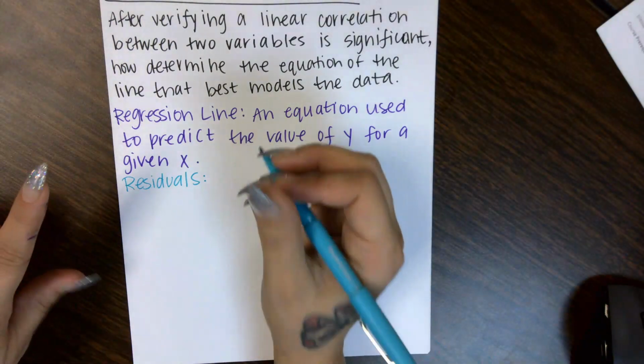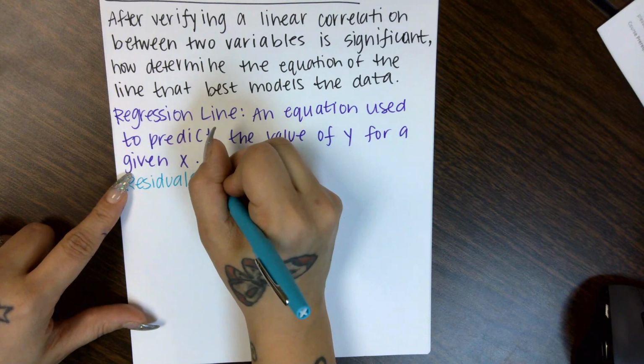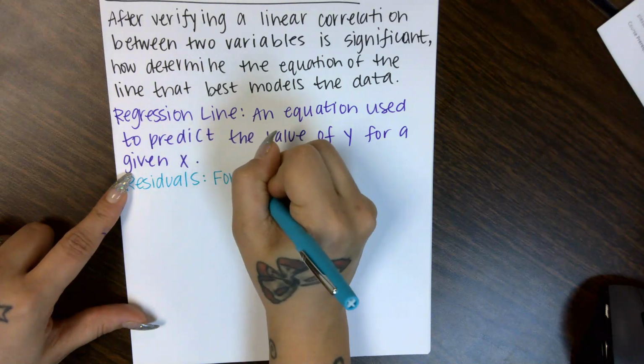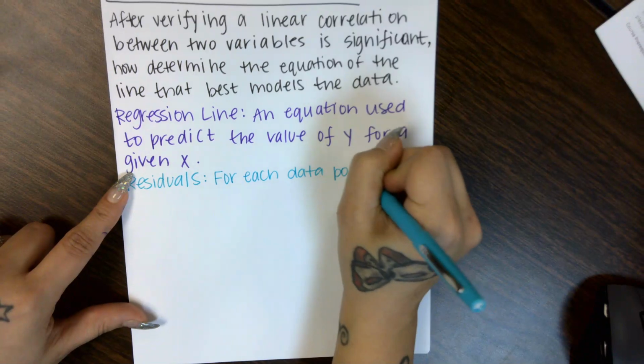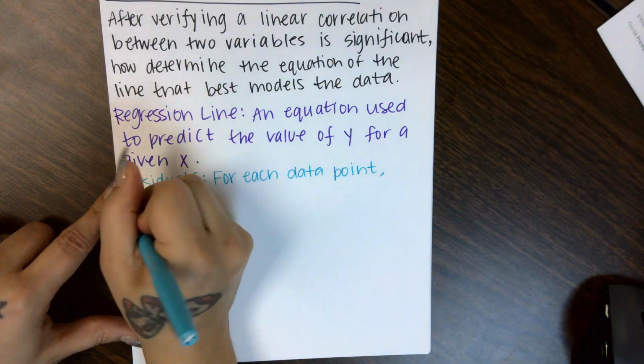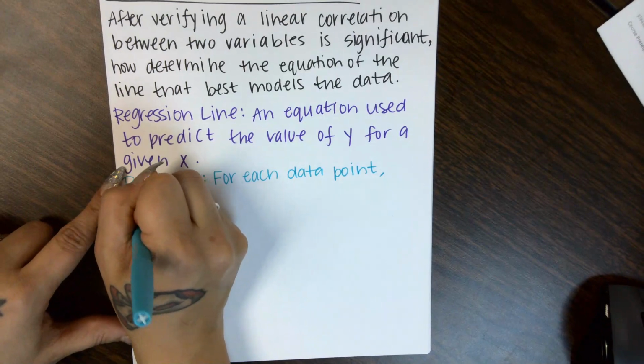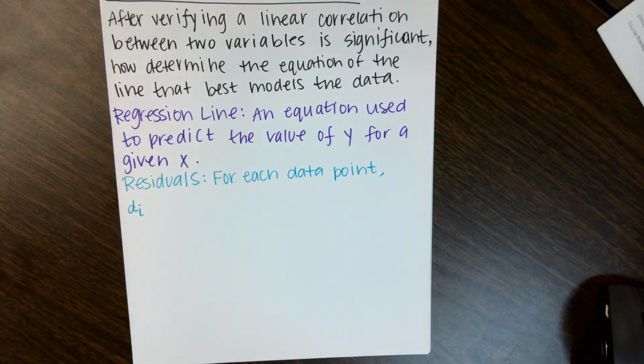These residuals, what it says is for each data point, okay, so you're going to do a lowercase d sub i. So the subscript, right? And so you're going to use this for each individual data point. That i just technically means that you're going to do the subscript for however many d's you have. So it'd be like d sub 1, d sub 2, d sub 3, d sub 4.